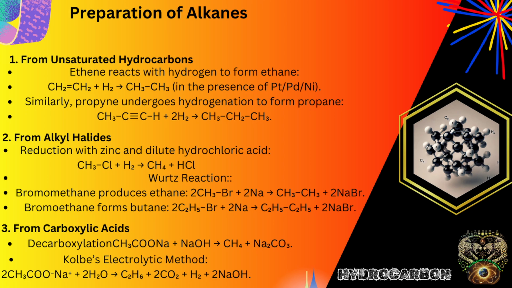In this method, an aqueous solution of sodium or potassium salt of a carboxylic acid is electrolyzed to produce an alkane with an even number of carbon atoms. For example, 2CH3COO-Na+ + 2H2O gives C2H6 + 2CO2 + H2 + 2NaOH. Methane cannot be prepared using this method.